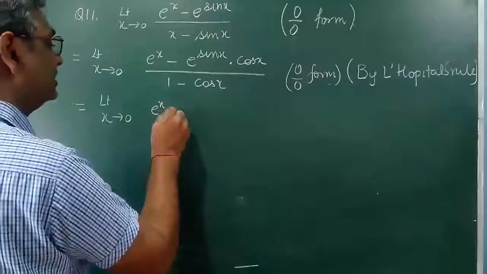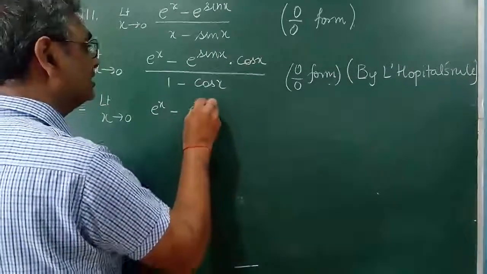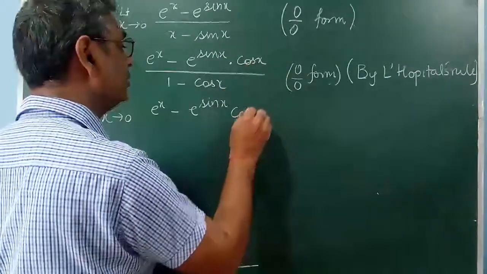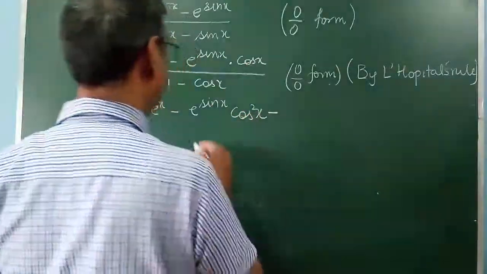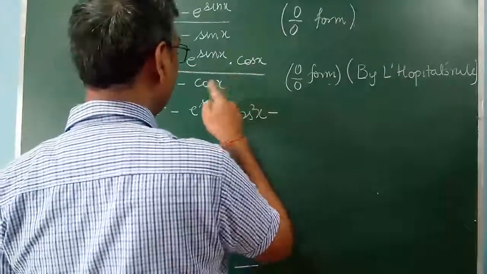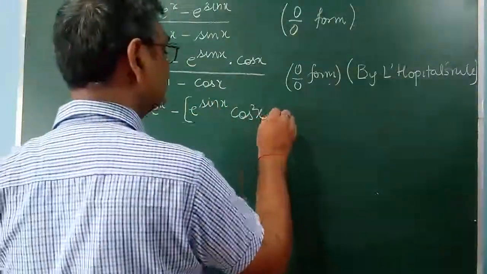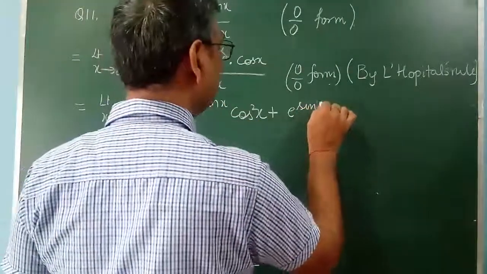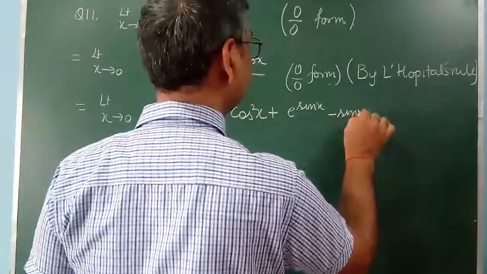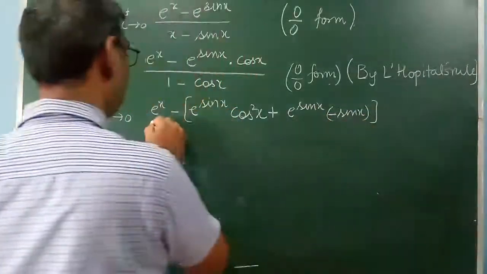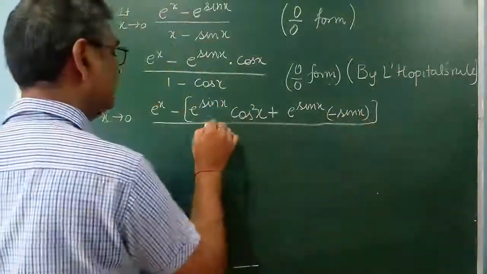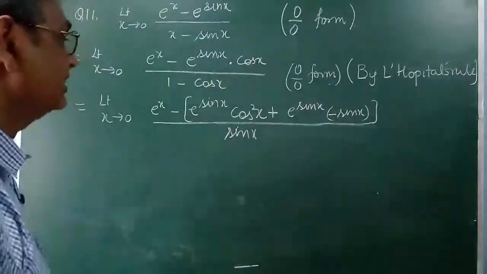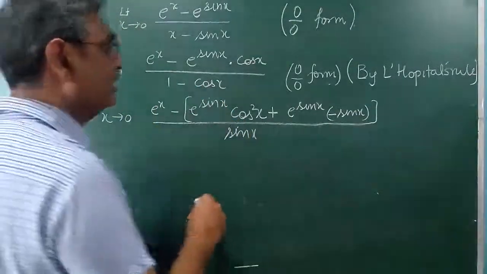So, it is e to power x minus e to power sin x, differentiation of sin x is cos x, so cos square x, plus e to power sin x into minus sin x, upon sin x. Differentiation of cos x is minus sin x.